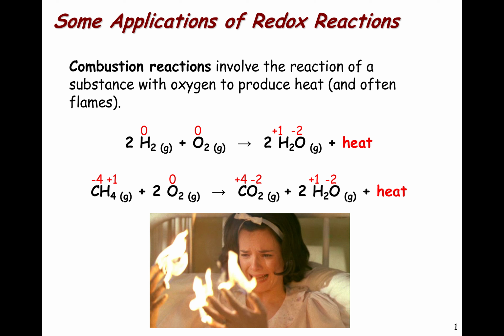So in this case, the carbon atoms are getting oxidized, and the oxygen atoms are being reduced from elemental oxygen to the oxide ion in water. Turns out that the hydrogen atoms are not changing their oxidation number. In the methane, they're formally +1 oxidation number, and in water, they're also +1.